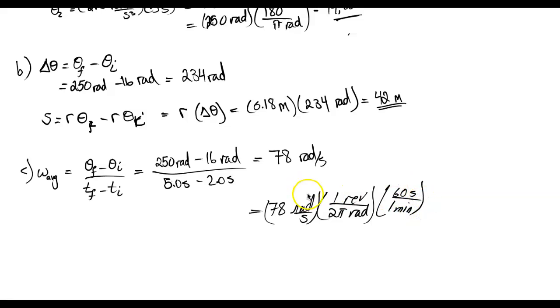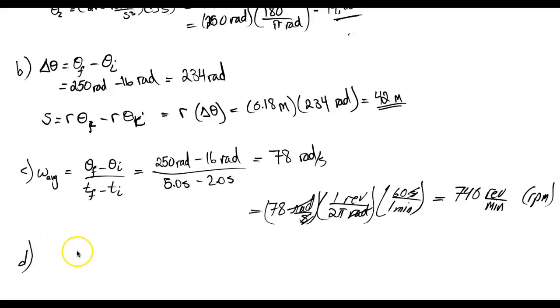And if we look at what cancels, we have the radians that cancel out, we have the seconds that cancel out, and we have revolutions per minute, and this gives us 740 revolutions per minute, which a lot of times we write as RPMs, right? Revolutions per minute, or RPMs.